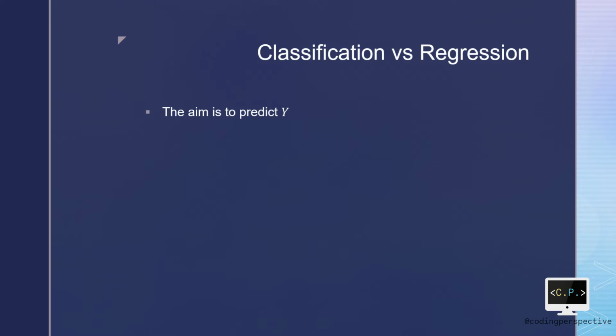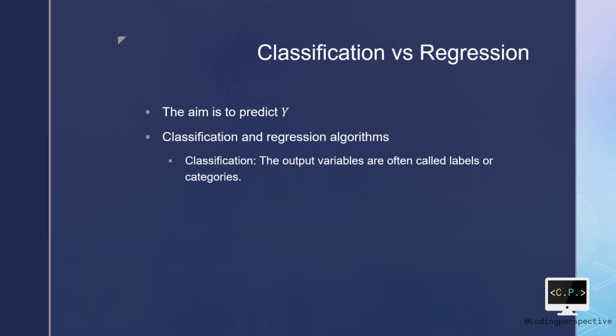Supervised learning algorithms can be divided into two categories, classification and regression algorithms. Both algorithms are used for prediction in machine learning. They work with labeled datasets, but the difference between both is how they are used for different machine learning problems. For classification tasks, the output variables are often called labels or categories.